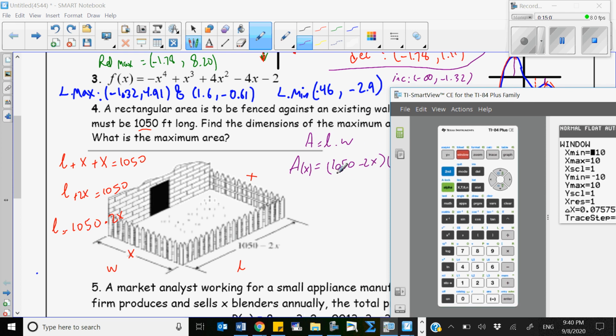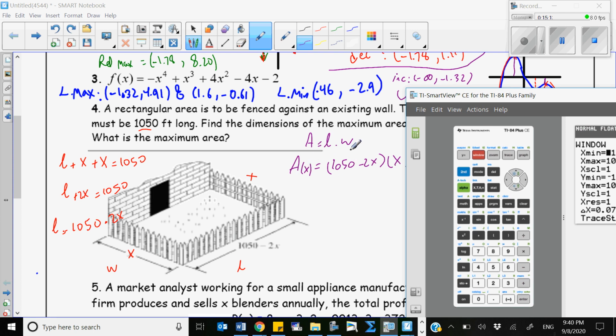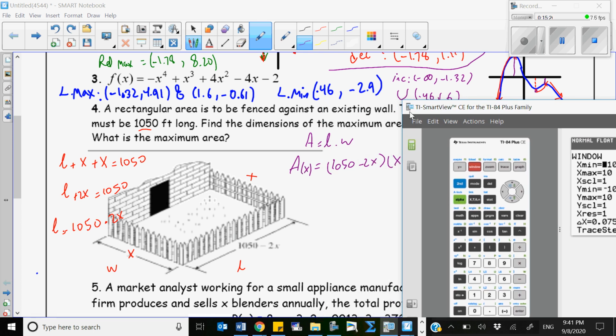As you see, we have a big number like 1050 here. Our y value is going to be 1050 times x times x, so it should be a really big number. We're going to use trial and error and some kind of guess here.